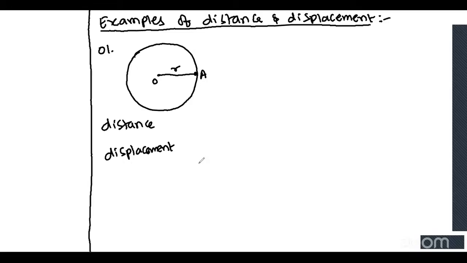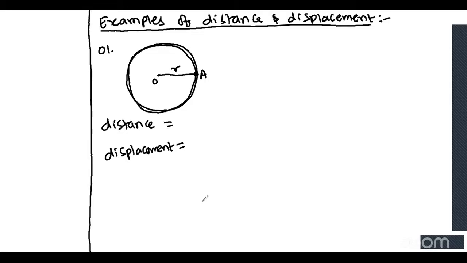So that means particle starts from A, after some time, again it reaches to point A.